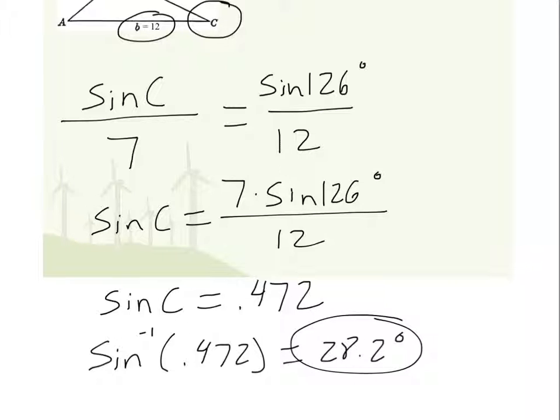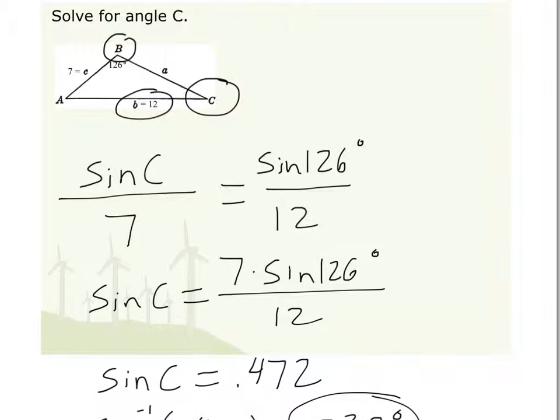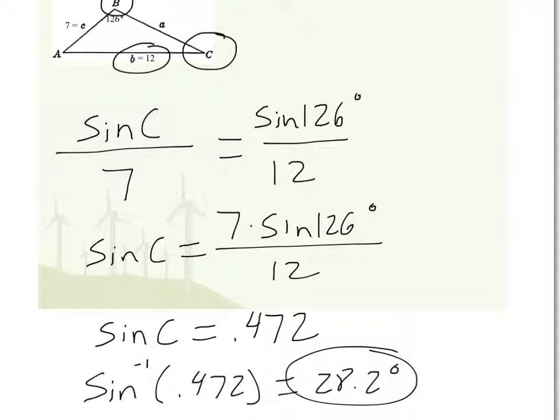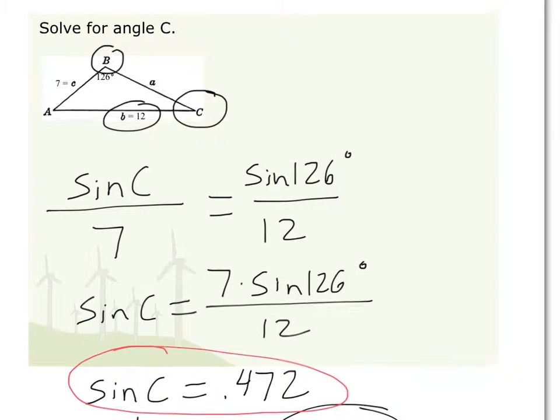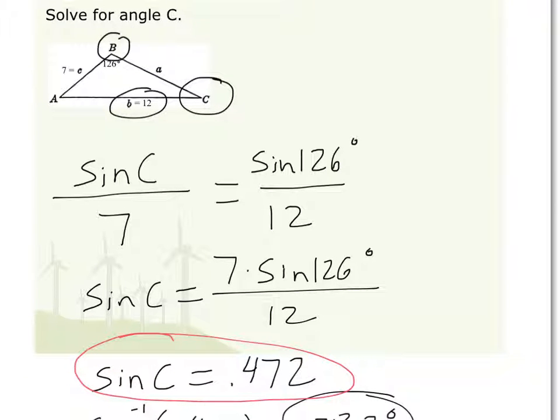Now, one thing we need to consider that we've already talked about a little bit is there may be more than one possibility for an answer because there is more than one angle that has a sine value of 0.472. Okay? Now, to generate that other possible angle measurement, we would take 180 minus 28.2.